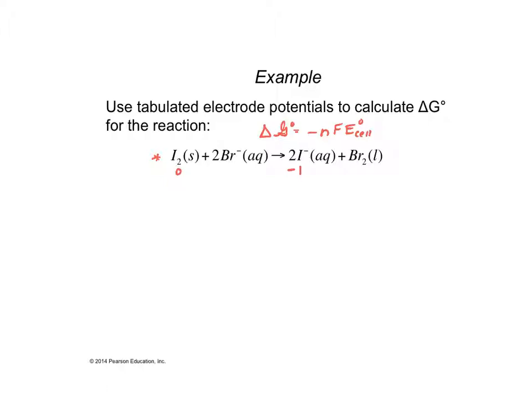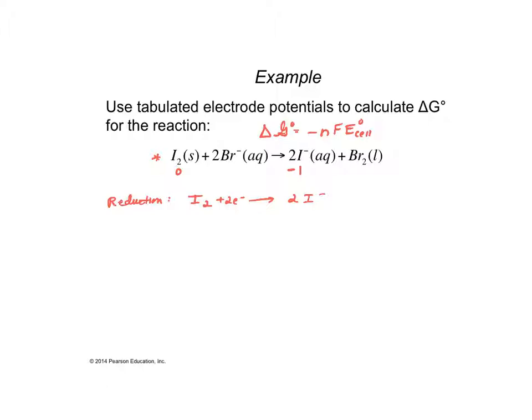So is this oxidation or reduction? This is a reduction, so I'm going to write the reduction half reaction. If I have I2 and it goes to make 2 I minuses, for each I, I am gaining 1 electron. So how many total electrons do I have to gain if I have 2 I's? 2 electrons, right?